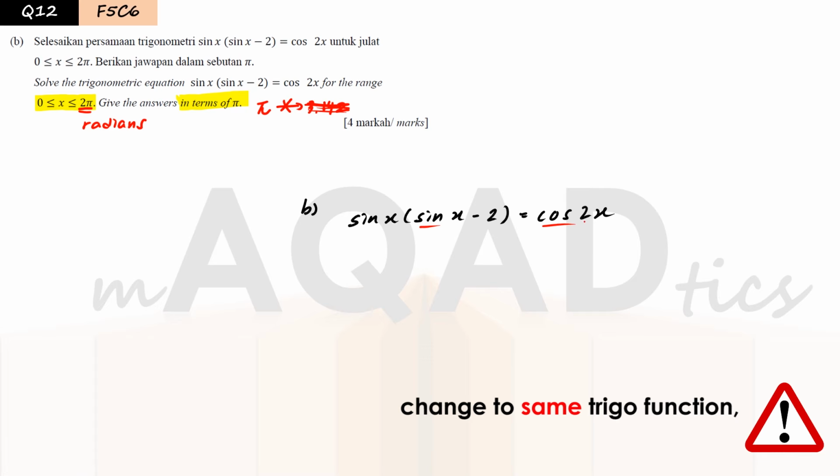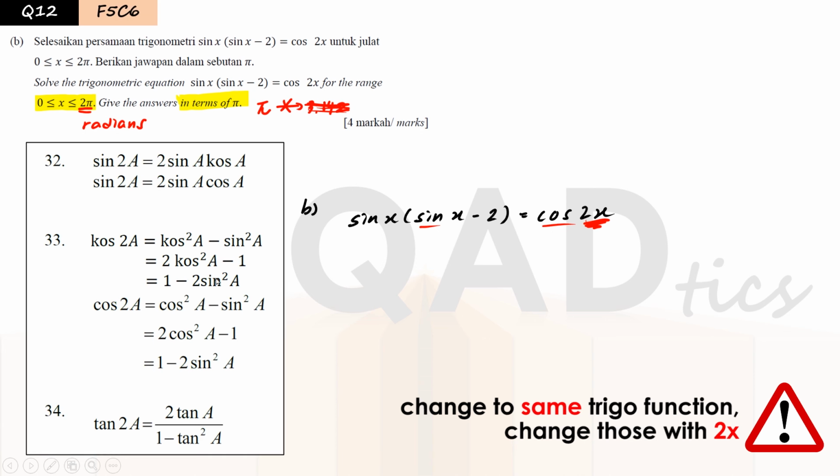If there is 2x, it will be easier for us to change because we have a list of formulas from the formula sheet where the trigo function's angle is 2a or 2x, which is from formula 32 to 34. We can use these formulas to help us change the functions that have 2x.